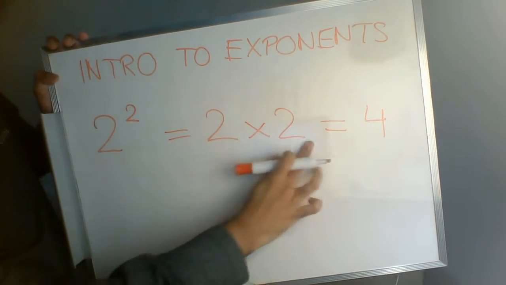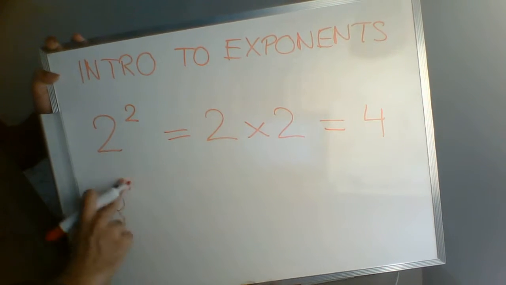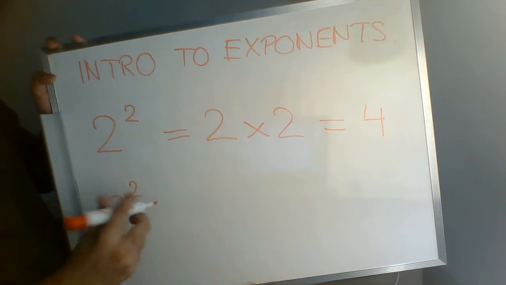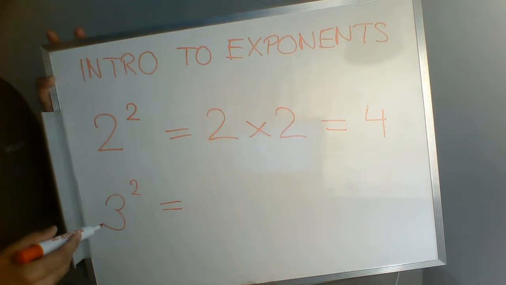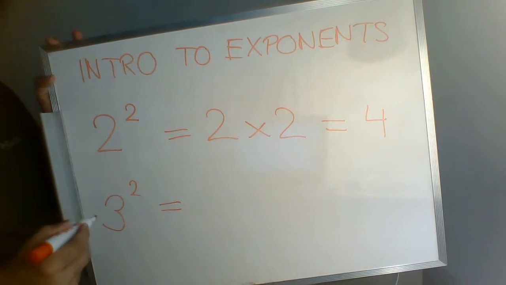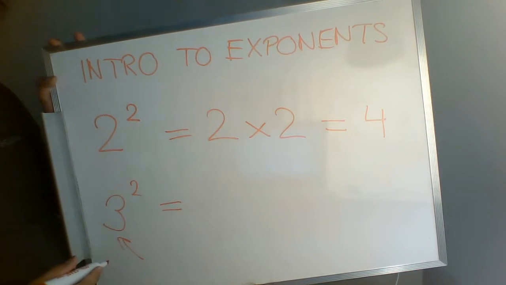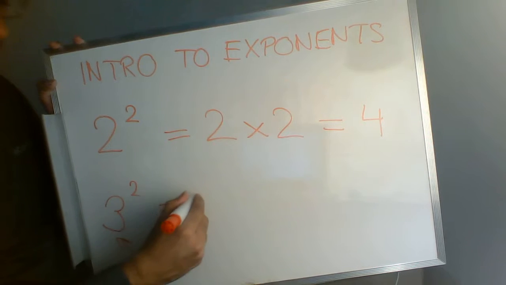So let's do a similar example. Instead of having 2 as our base, we'll have 3 as our base, and we'll make our exponent 2 again. Remember, the base is the big number, so our base is this 3 now, and our exponent is 2. Because the base is 3, we're going to be multiplying a whole bunch of 3's together. Now, how many 3's?